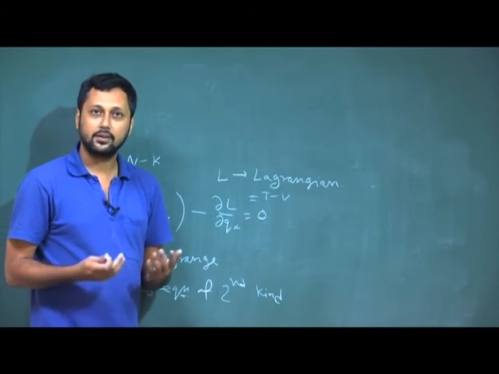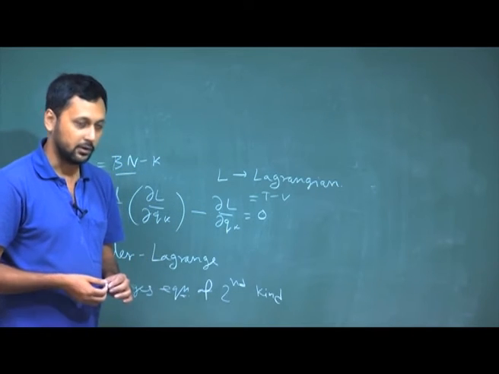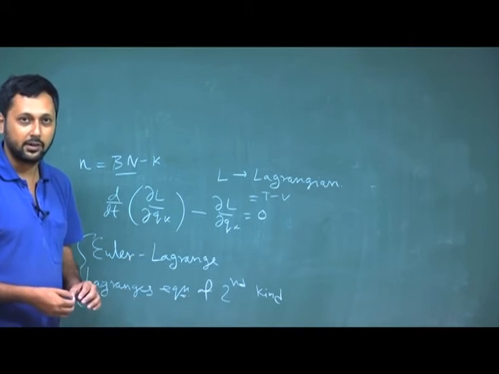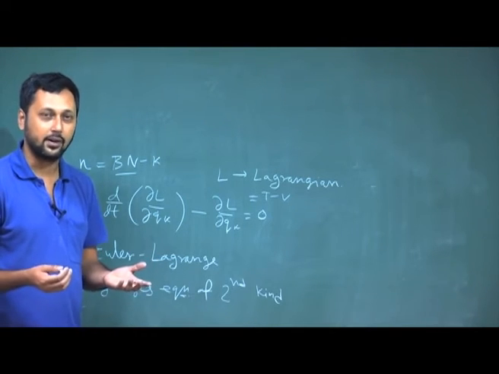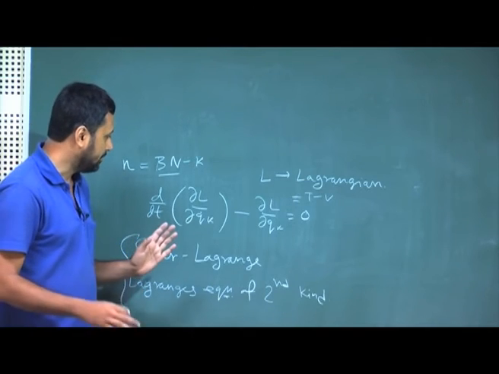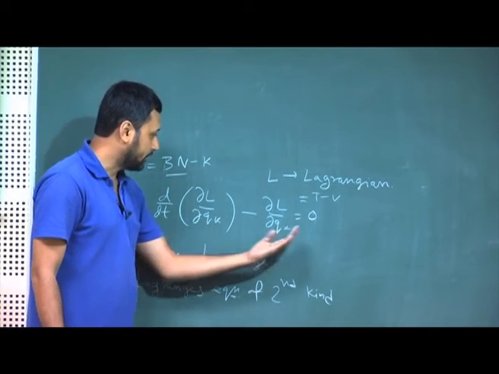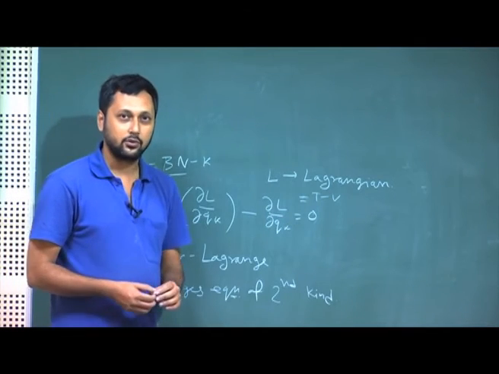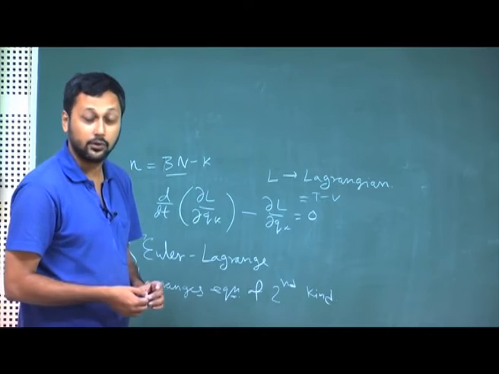As a student I never had access to so many textbooks. Nowadays we have lots of content on the internet, we never had that. So, I had a tough time understanding the concepts which lead to this particular equation. So, if I have taken too long, that is totally for your good.